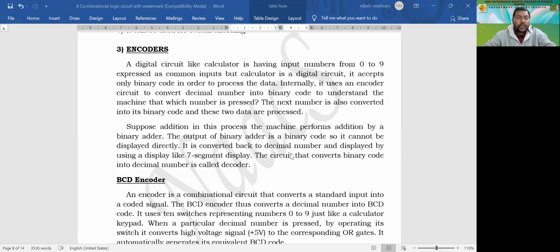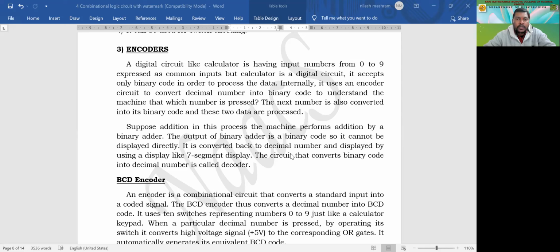So we have to encode that particular data, and for that we require the encoder circuits. Similarly, when we receive this data, it should be decoded so that we can get the original signal, so that we are able to understand what we are supposed to do at the receiving end. So for that we require both encoders and decoders, right?